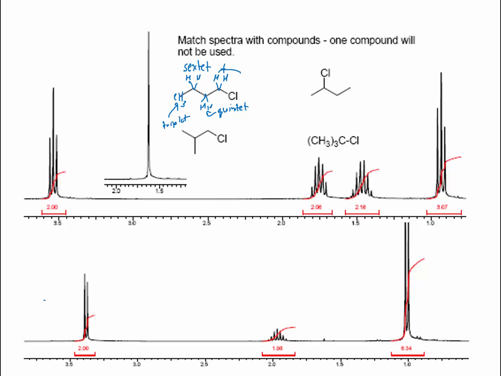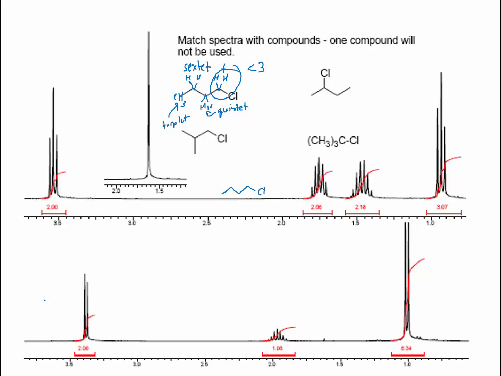And this one here is going to have a high chemical shift greater than 3. So let's look at what we have there. This spectrum here, the long one here, actually fits perfectly, right? And this is, in fact, N-butyl chloride.